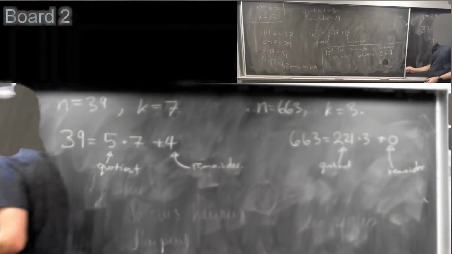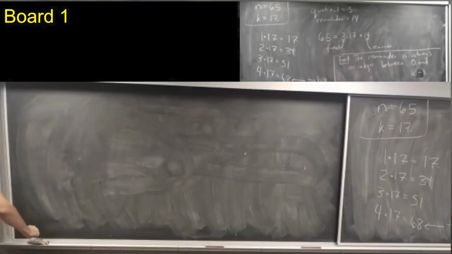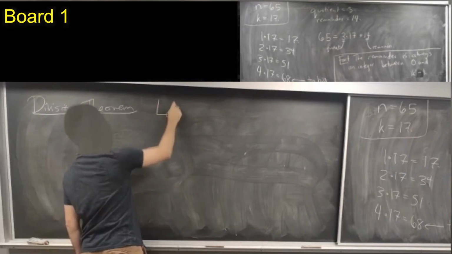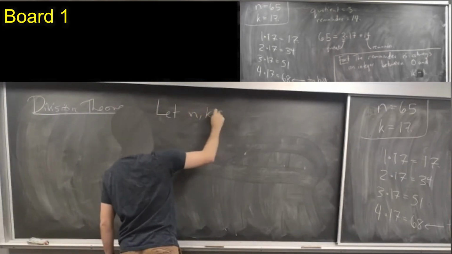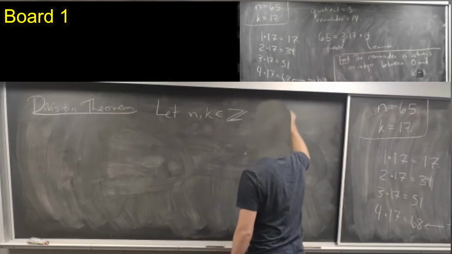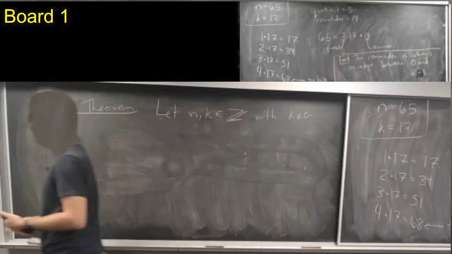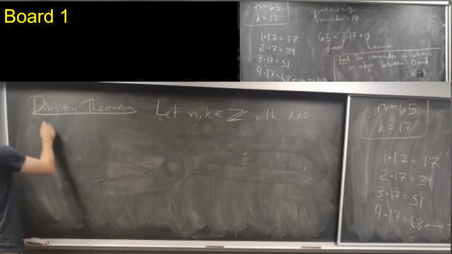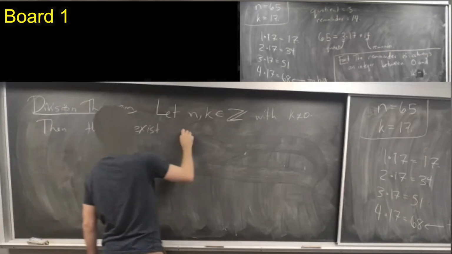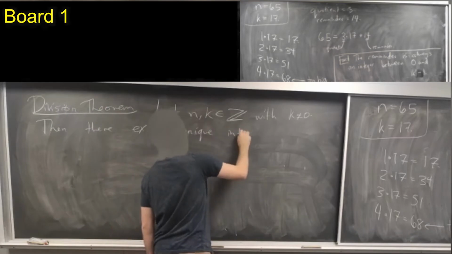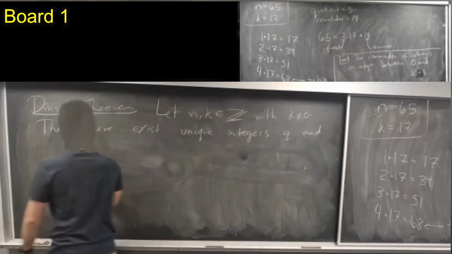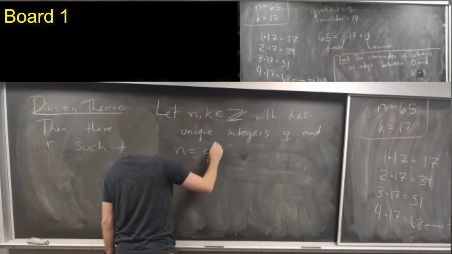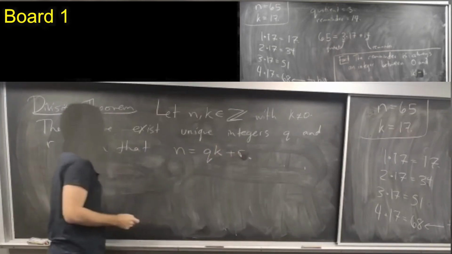So let me actually write a theorem here. This is something we'll call the Division Theorem. Let n and k be integers with k being non-zero. We always have to take k to be non-zero because you can't divide by 0. Then there exist unique integers q and r such that n can be written as q times k plus r.